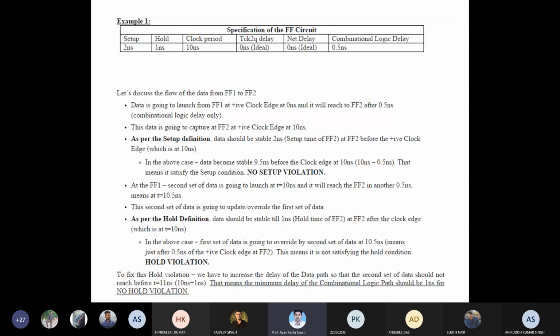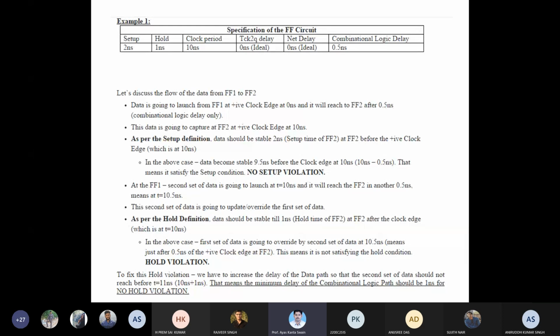Because if a faulty IC and the corresponding system goes into the market, then the company will lose its market value, and the product's time to market will increase.